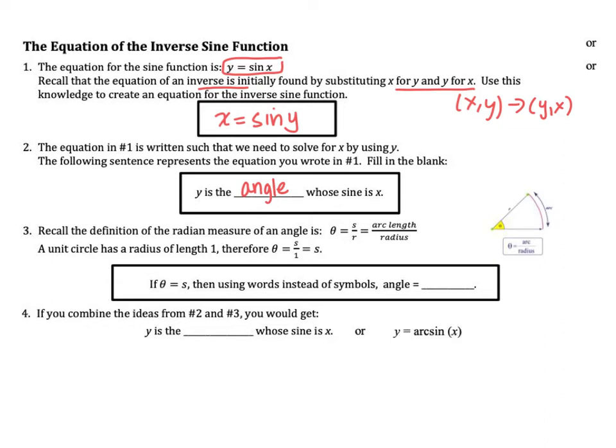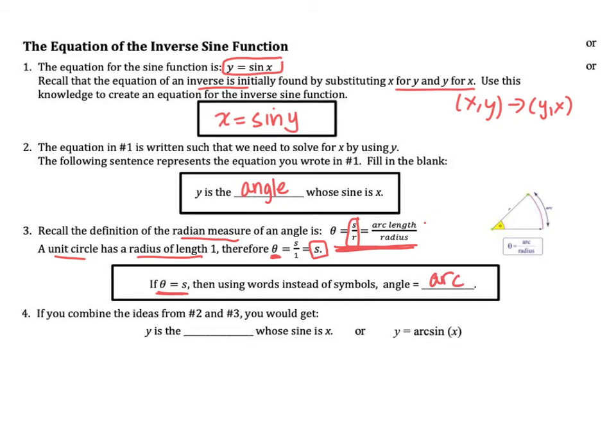Well, instead of an angle measure, now our language is often about radians. So remember that radian measure is just arc length divided by radius. And in a unit circle, a radius has a length of 1. So therefore, the angle measure would equal just s, or just the arc length. So if theta equals the arc length, then angle can also mean arc.